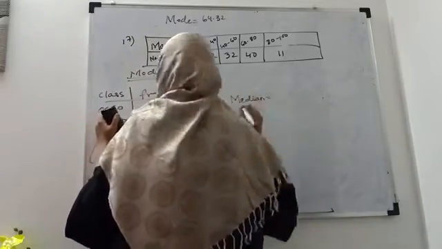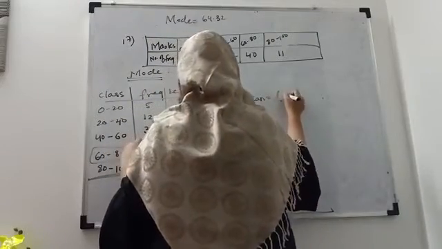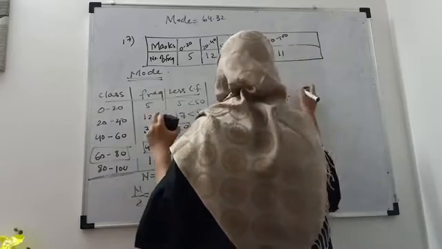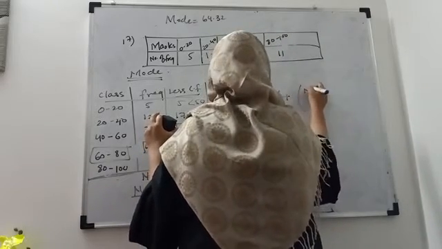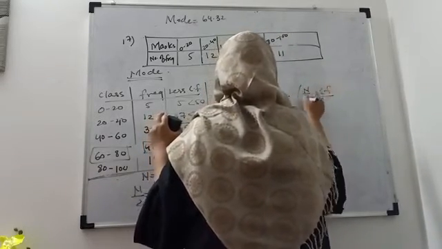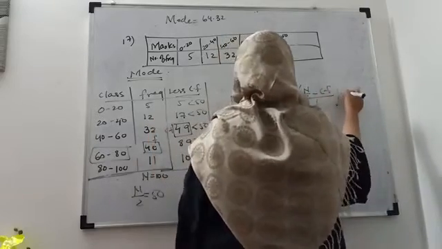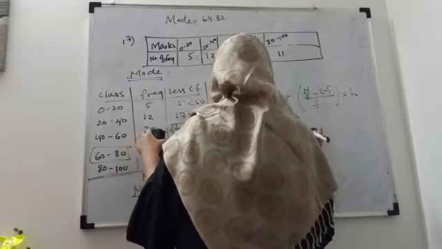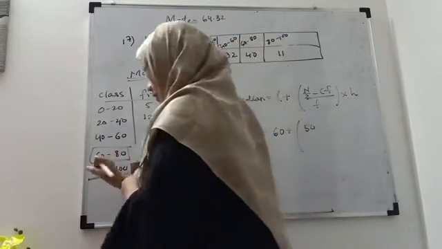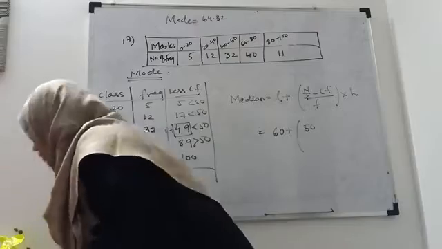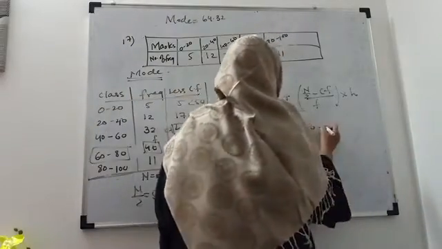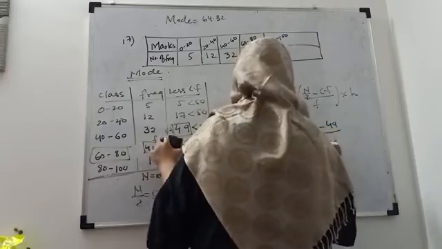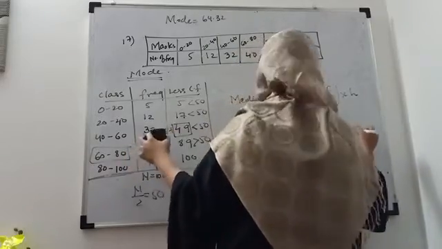is equal to L, the L of your median class, so this is your median class, L plus (n upon 2 minus cumulative frequency) upon f multiplied by h. So what is L? It is 60. N upon 2 is 50, right? Minus cumulative frequency 49 upon frequency 40 into width 20.